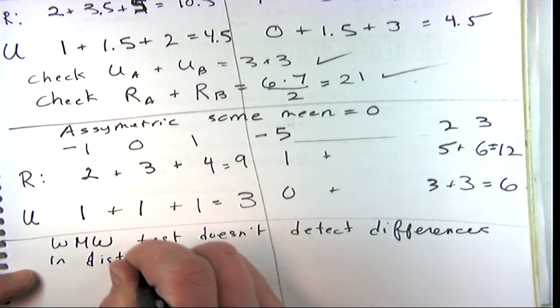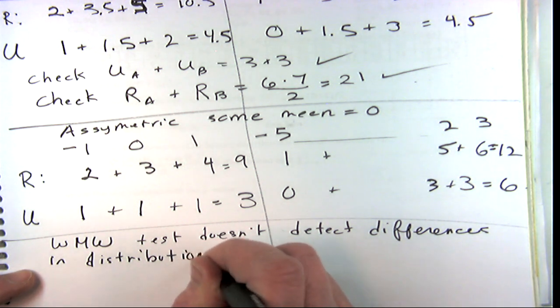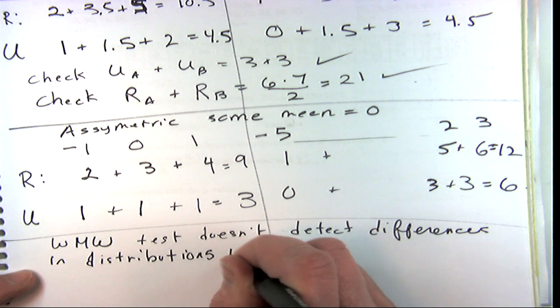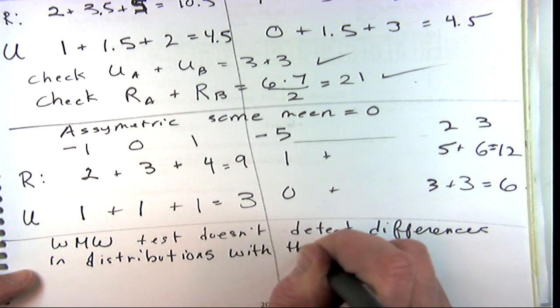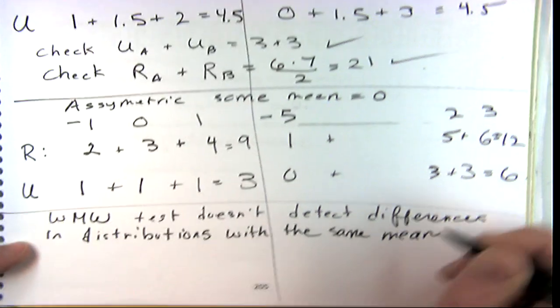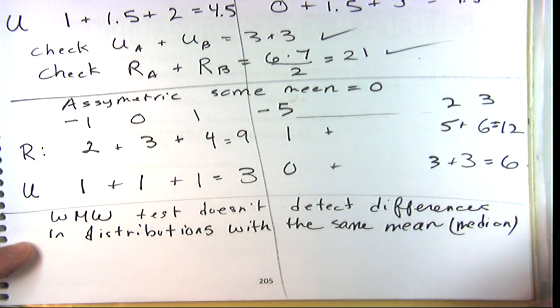But it does if they're asymmetric. Also median. It's even easier to see with a median.